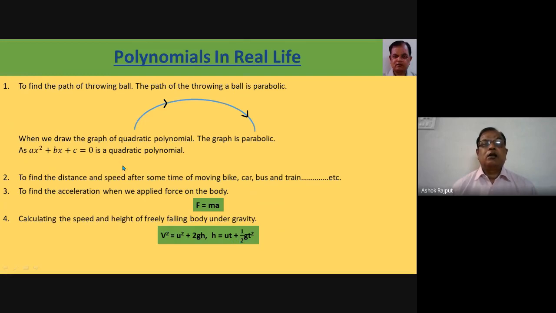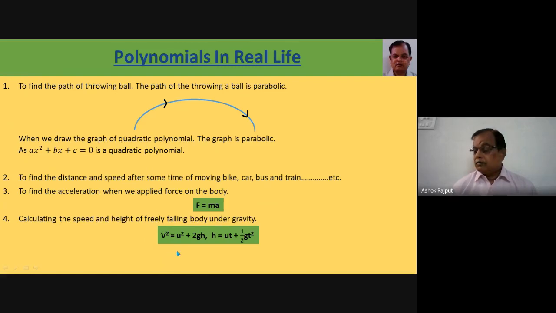So these are uses of polynomials in our daily life, because we apply force, sometimes we throw balls and other things, and we see that the path is parabolic, as you are seeing in the figure. So it is very useful in our real life.